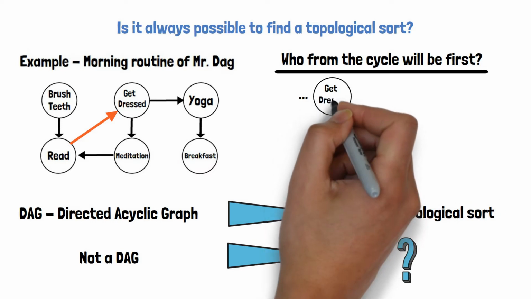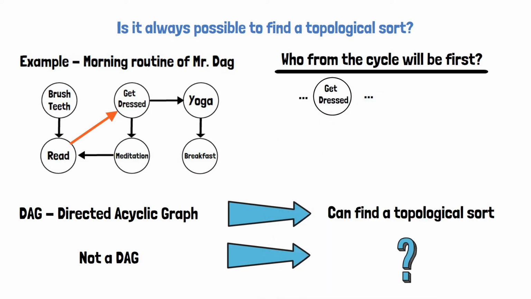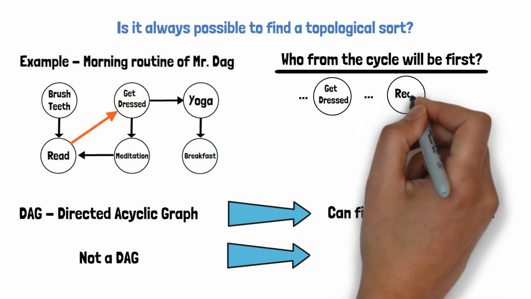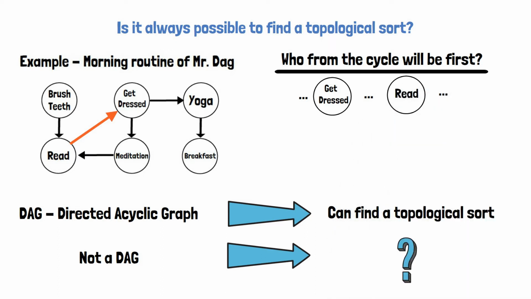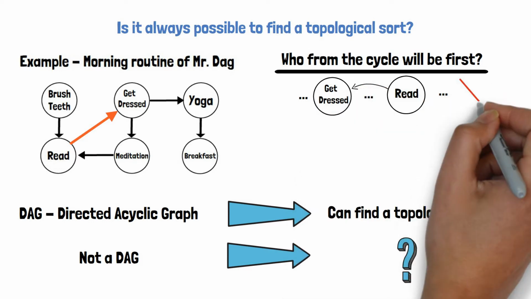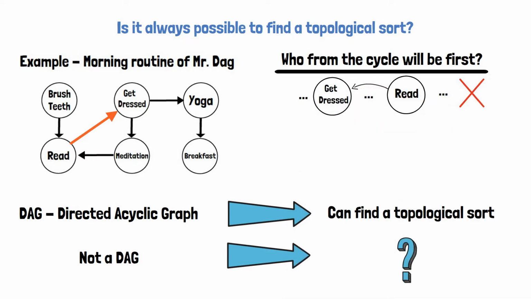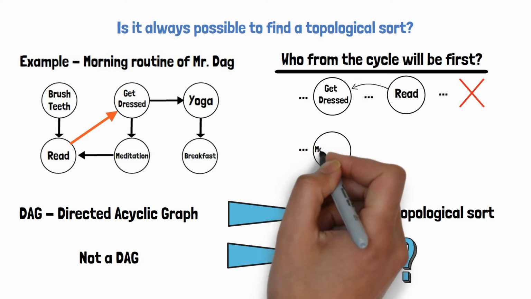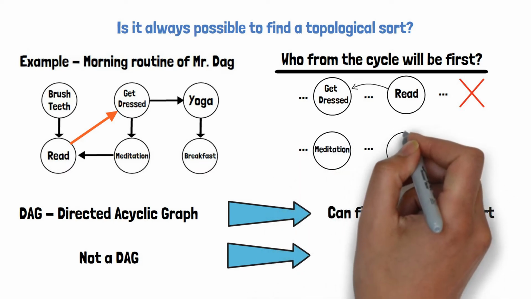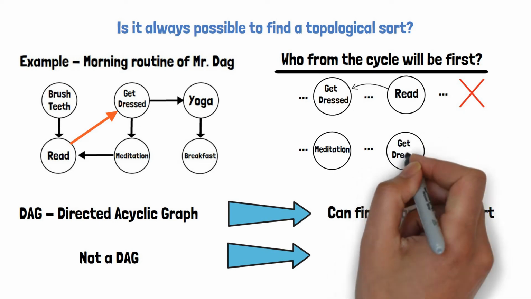Then we have get dressed, and somewhere later we will have read, because we assume get dressed is the first from the cycle. But there is an edge from read to get dressed, so it goes from right to left, which does not meet the criteria of a topological sort. We could also try to put meditation first, but then somewhere later we have get dressed, which has an edge to meditation.